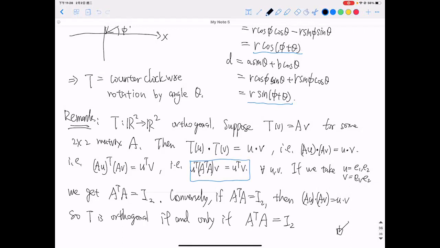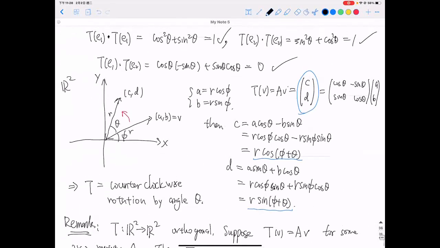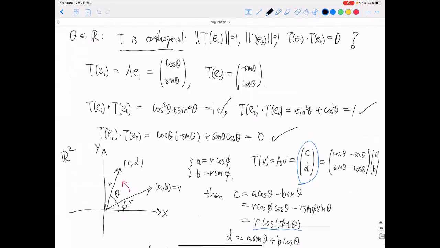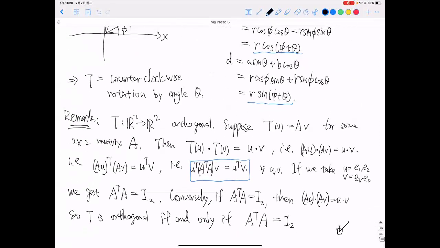And you can check that this is indeed true for the rotation matrix we've seen up here. Okay, so that's this lecture.